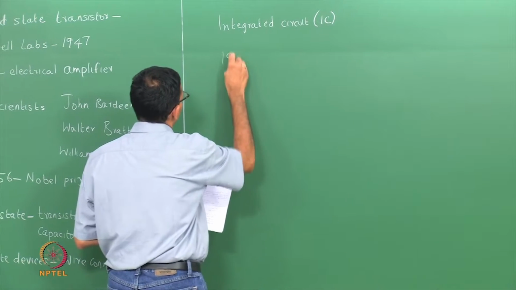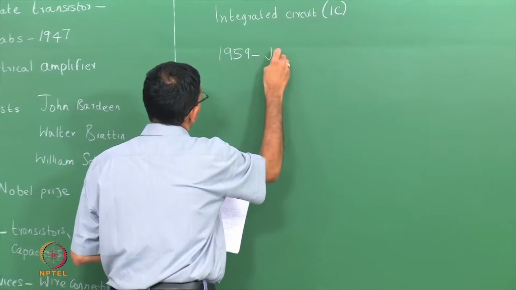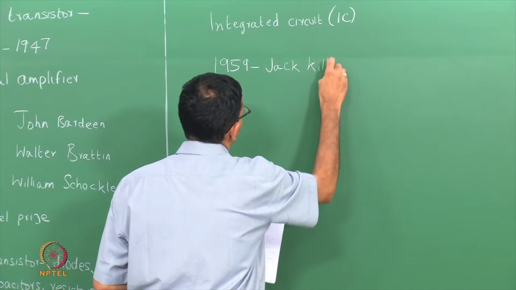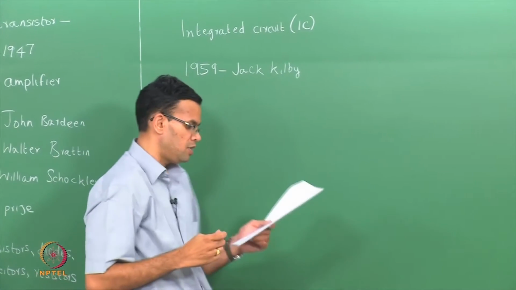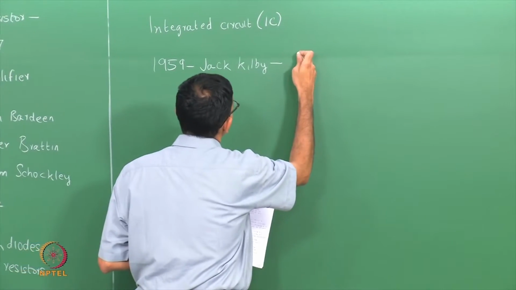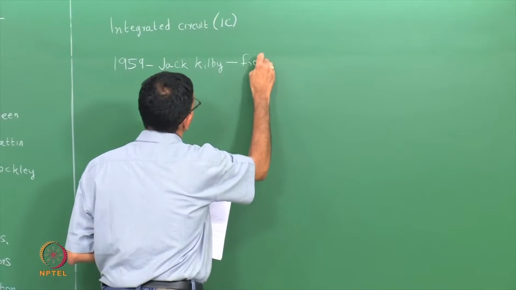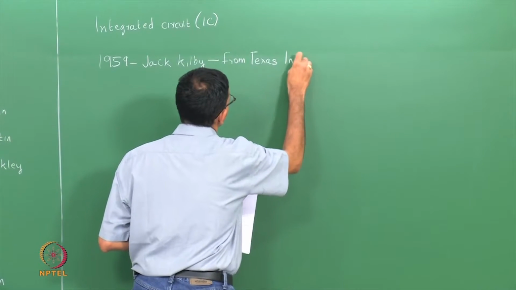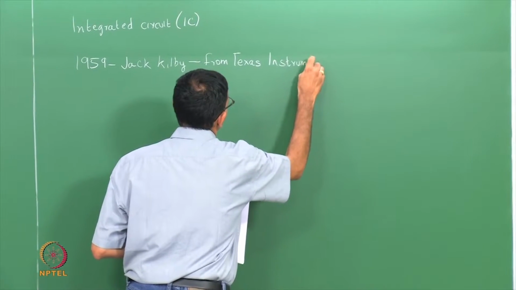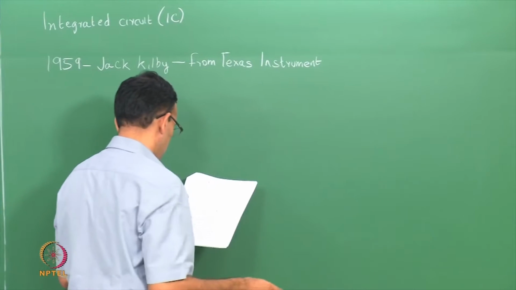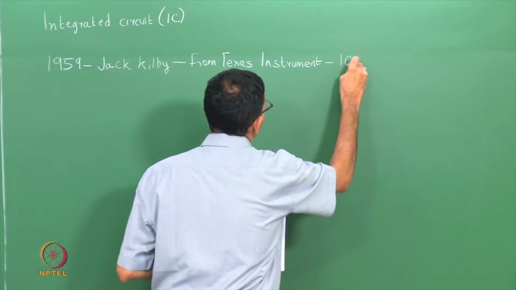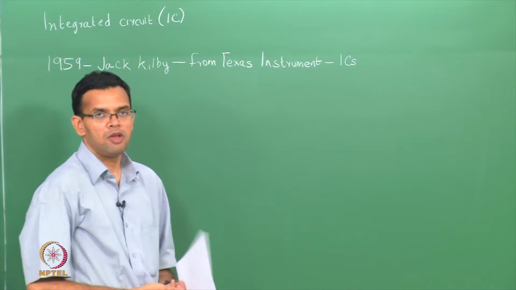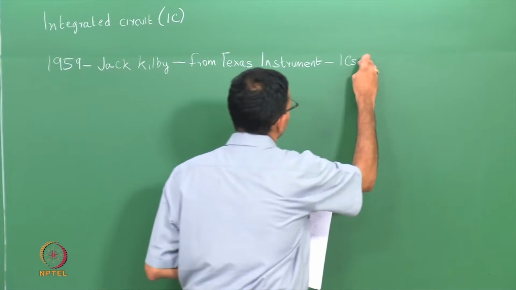In 1959, Jack Kilby from Texas Instruments built the first integrated circuit, and again germanium was the material that was used.